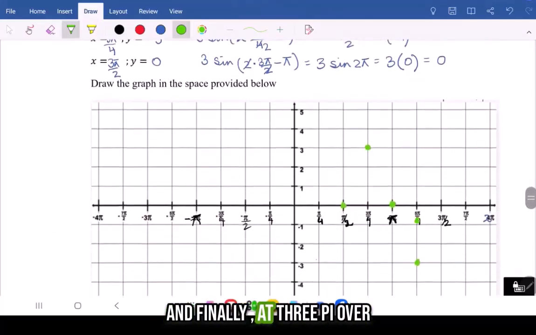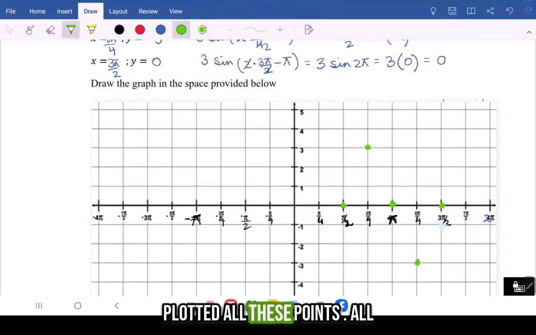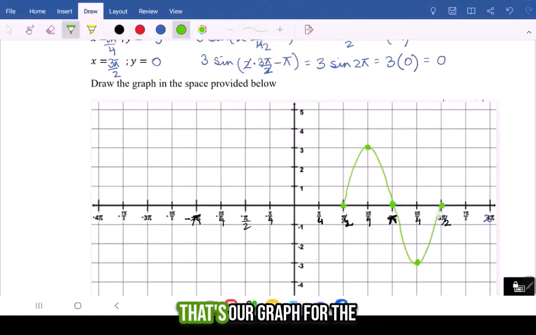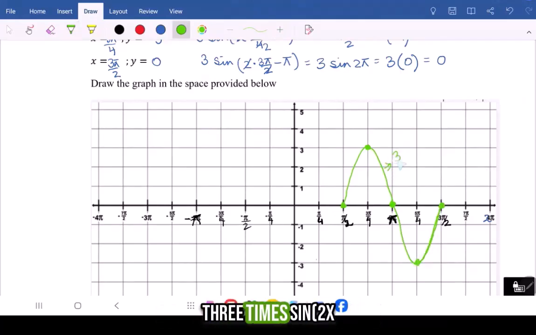And finally, at 3 pi over 2, y equals 0. Here's 3 pi over 2. We are going to have a dot here. So we've plotted all these points. All we need to do is connect these points. So let's do that. And that's our graph for the function given. That would be 3 times sine of pi.